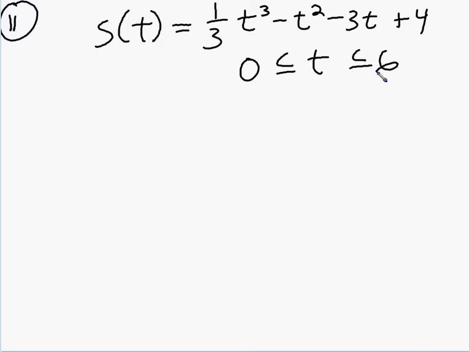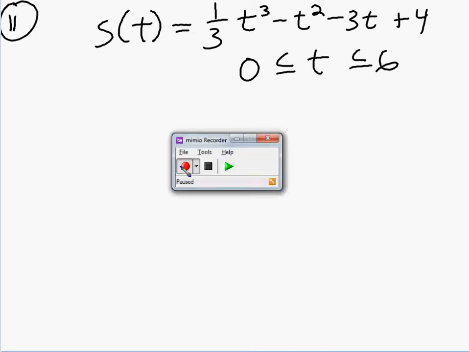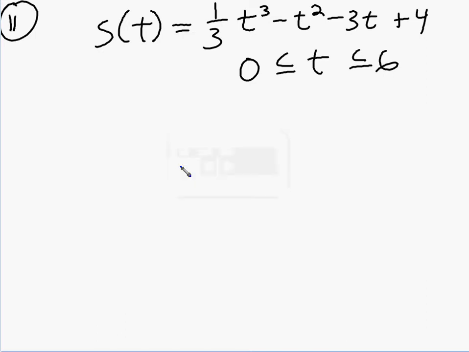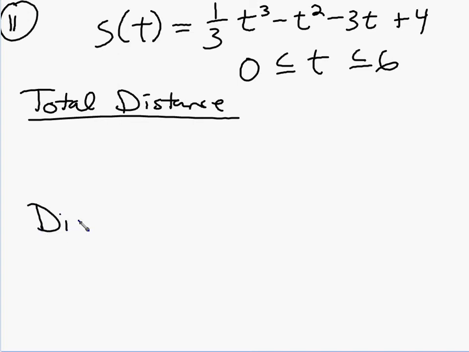Now before we do this problem, I want to explain to you the difference between total distance and displacement, because the two are not the same. When we talk about the difference between total distance traveled and displacement, the two are not the same.